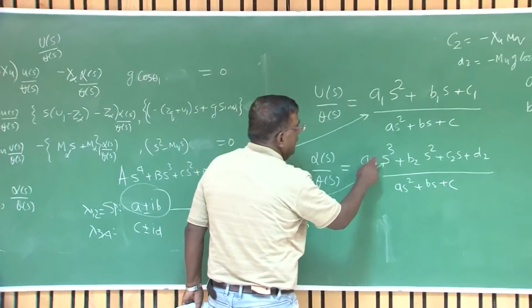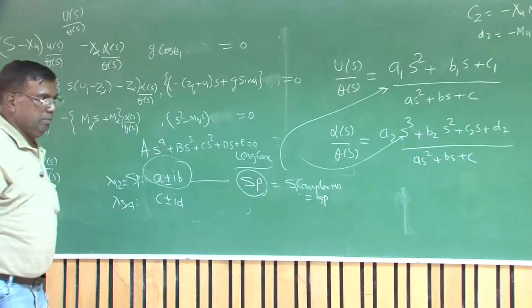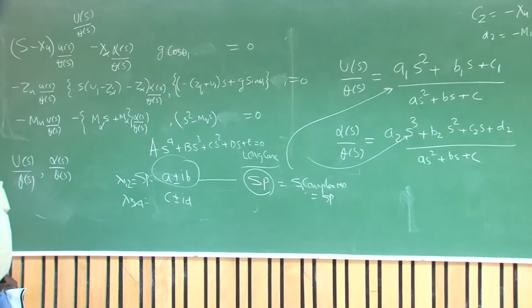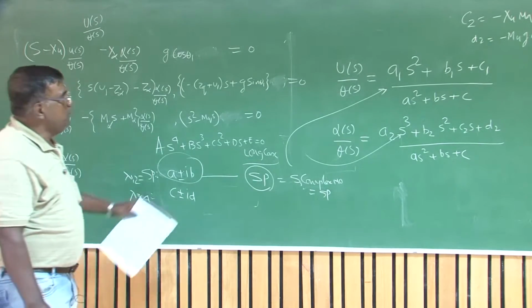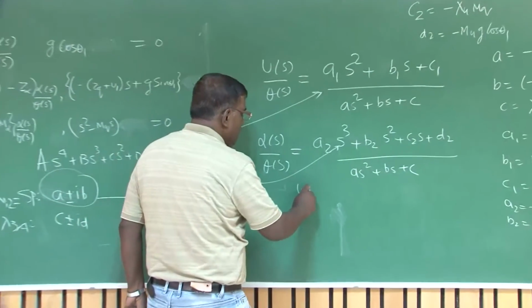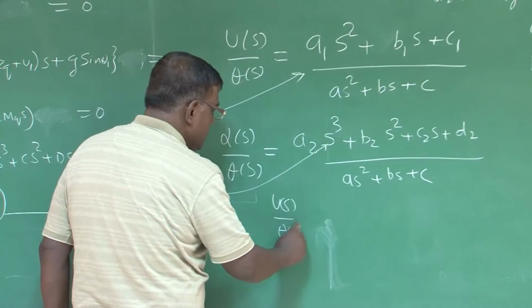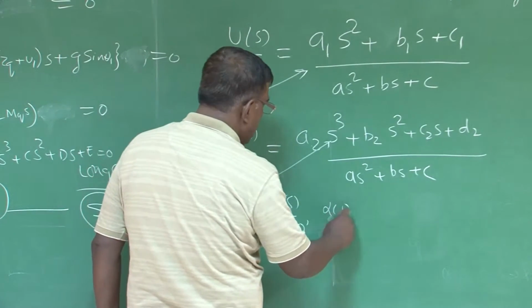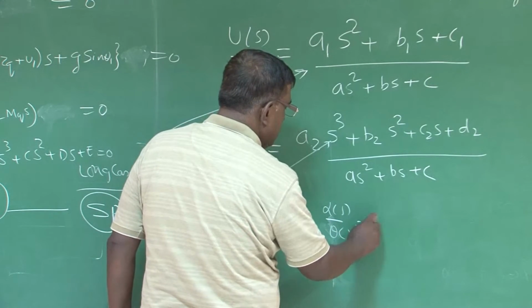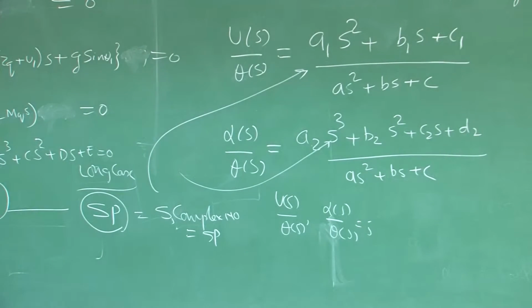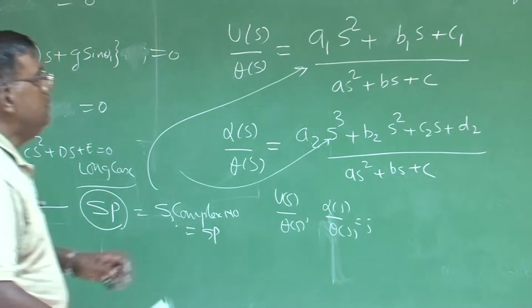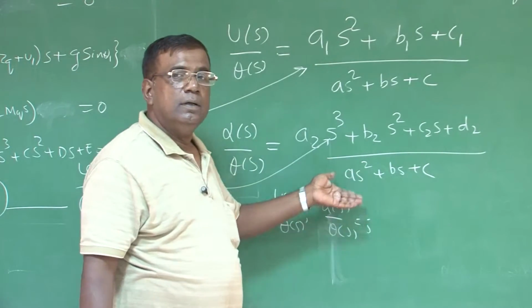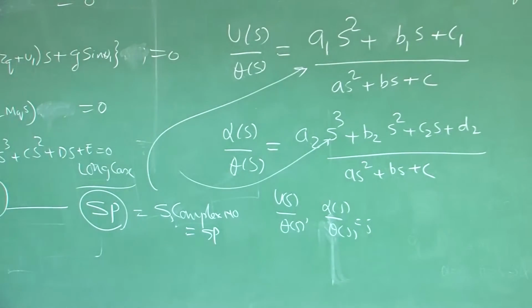A1, A2, A, B, C are all known; they depend mostly on dimensional stability derivatives. Once you do that, you know how u of s and theta of s, or alpha of s and theta of s, vary for each mode, short period or phugoid. And after all, these are complex numbers, so you know how to find magnitude and phase.